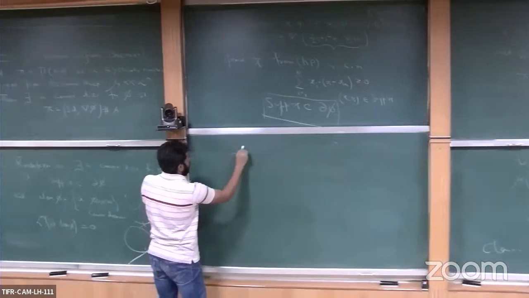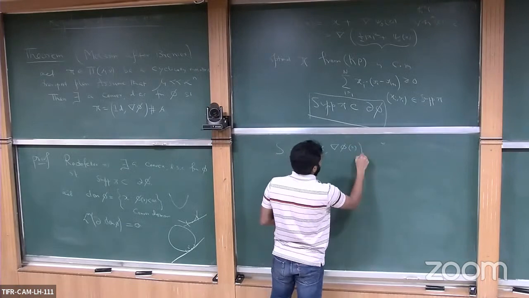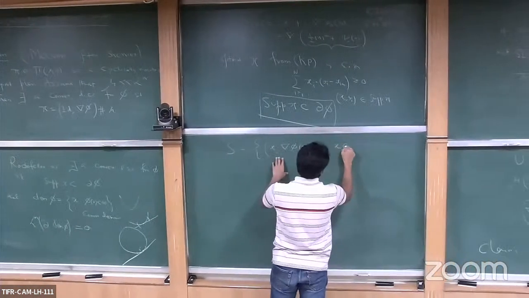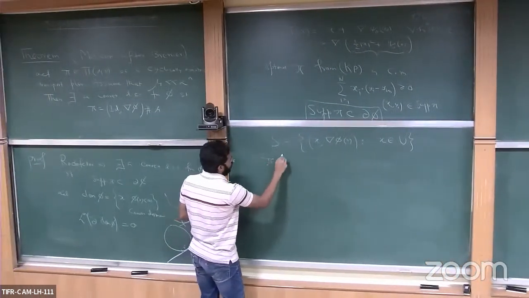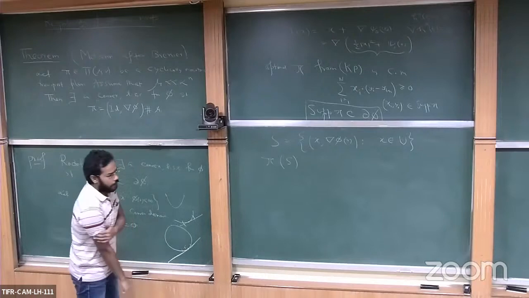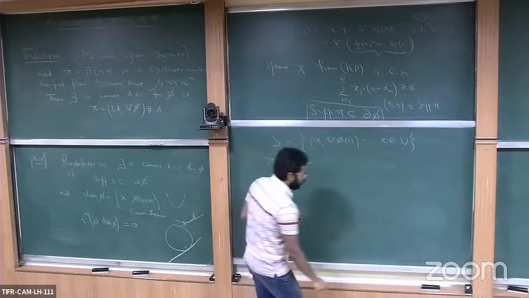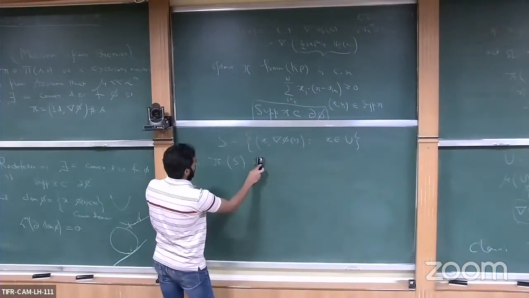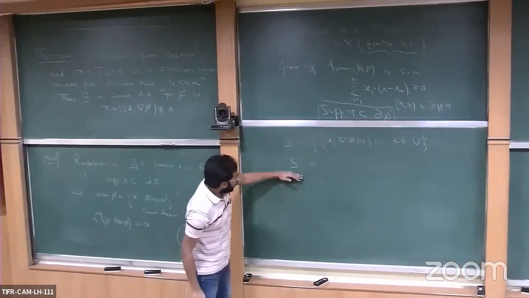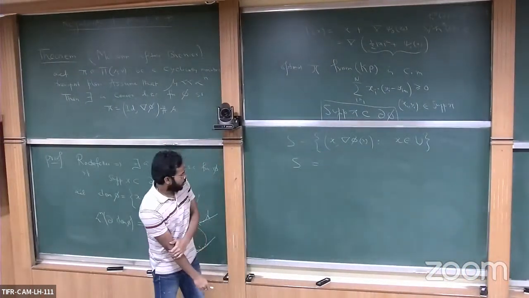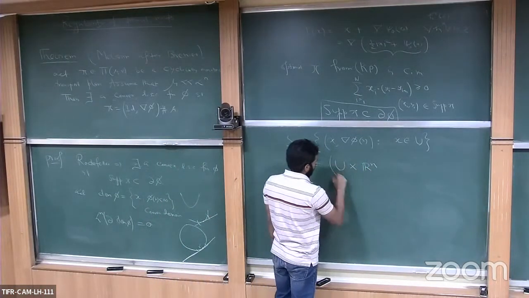Let us denote by S the set of (x, gradient phi(x)), defined only on U, and let us look at the pi measure of S. It has full mass. These are the points of differentiability, so S is basically U cross R^n.